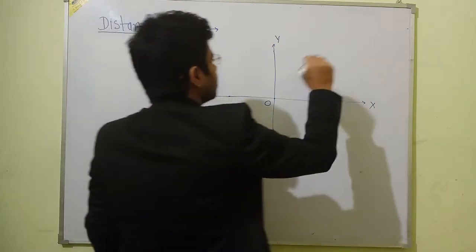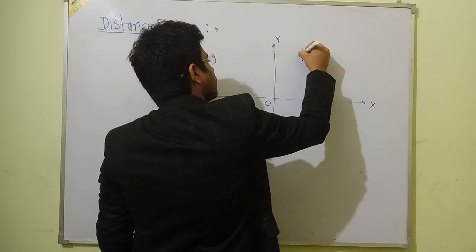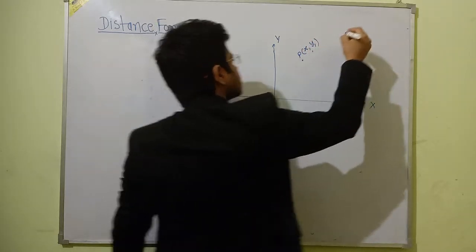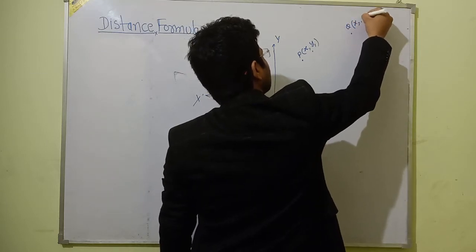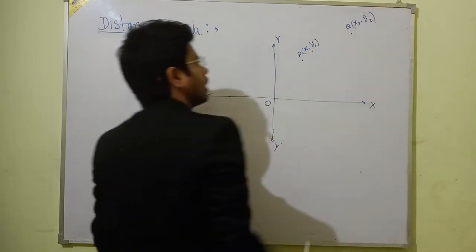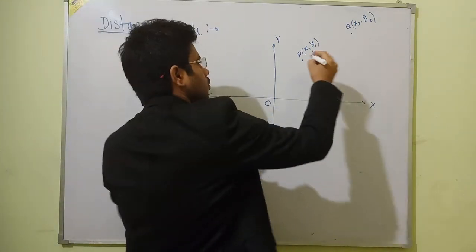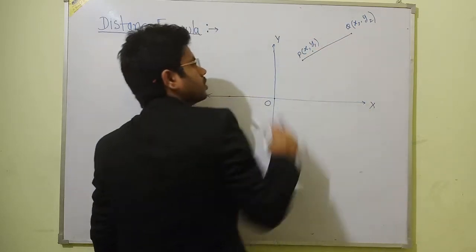Let us consider any point P whose coordinates are x1, y1, and another point Q whose coordinates are x2, y2. We have to find the distance between P and Q.